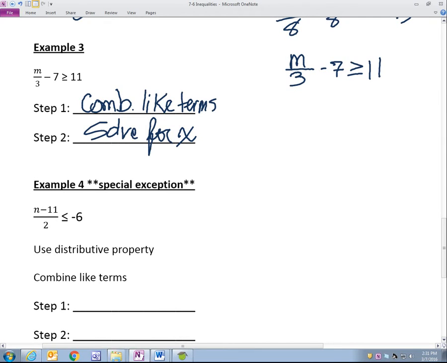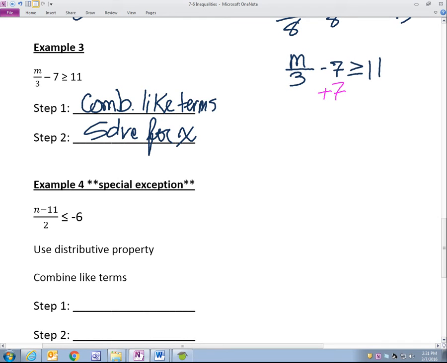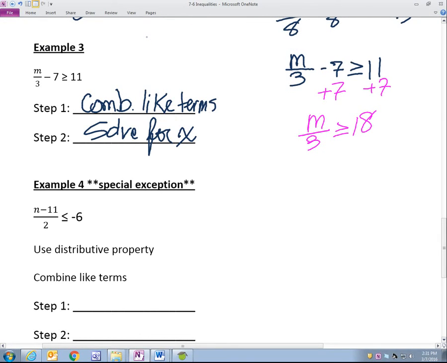I have subtraction first, so I have to undo that by doing the inverse: plus 7, plus 7. m over 3 is greater than or equal to 18. Now I had to think, what's happening to the variable? The variable is being divided by 3, which is also multiplying by 1/3. Multiply both sides by 3, and I have that m is greater than or equal to 54.